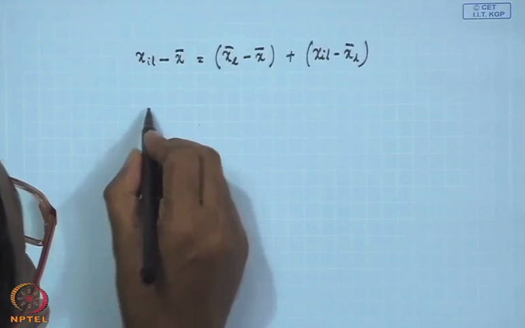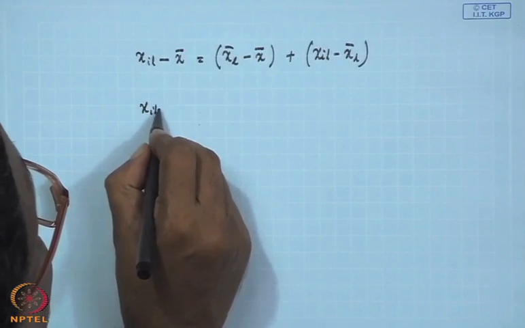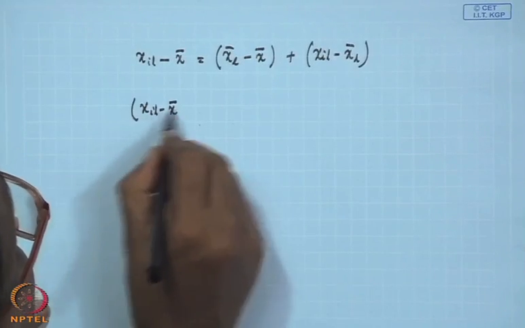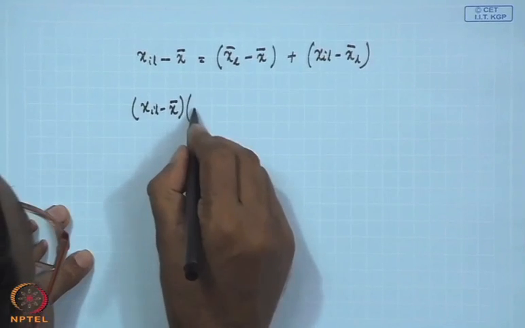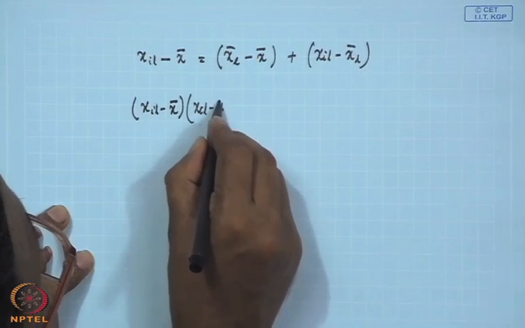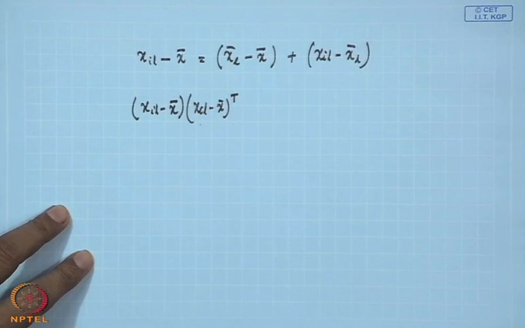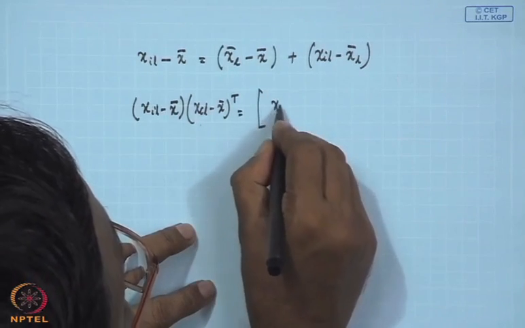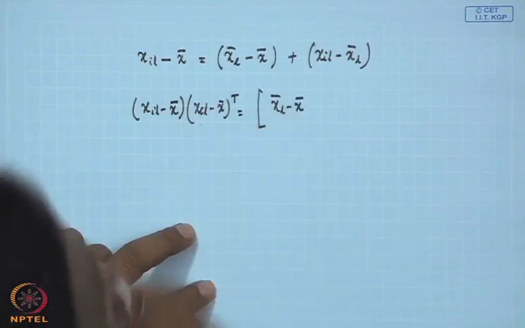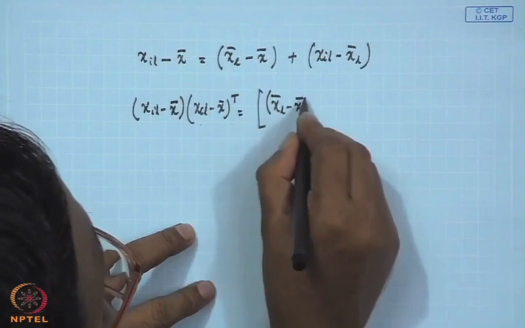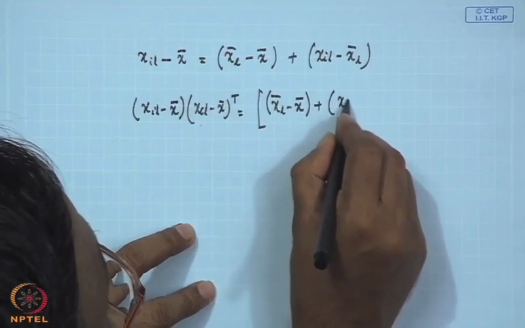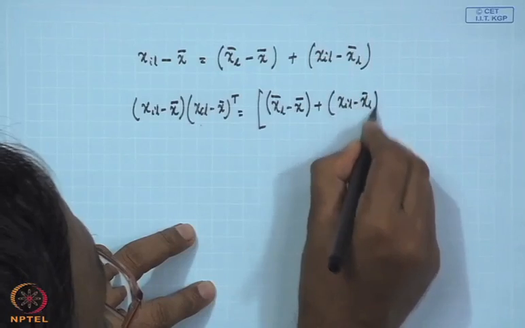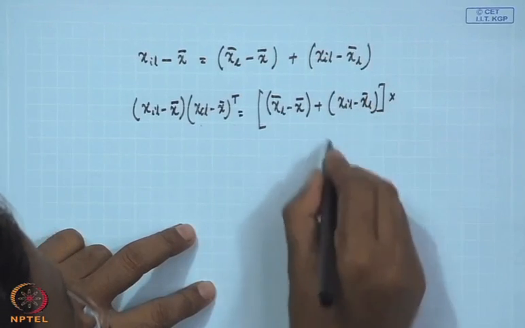So, you require to make it like this: XIL minus x bar into XIL minus x bar transpose equal to XL bar minus x bar plus XIL minus XL bar into its transpose.